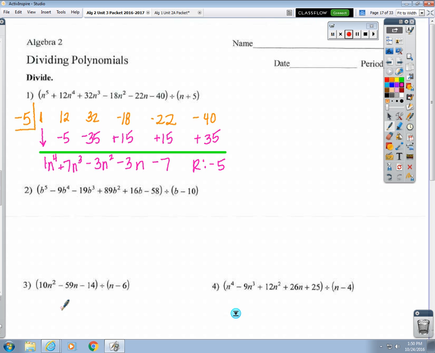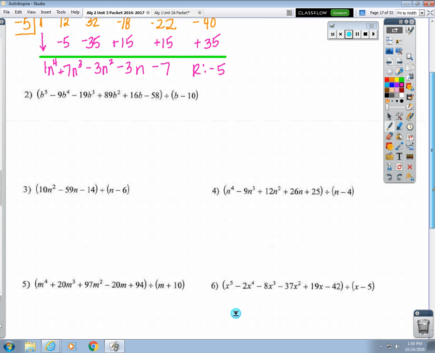And that's the answer. It just works out like that. I don't have time today, but tomorrow I can show you that if you multiplied n plus 5 times your answer, it would bring you back to this, except it would say negative 35 instead of negative 40 because of that remainder.